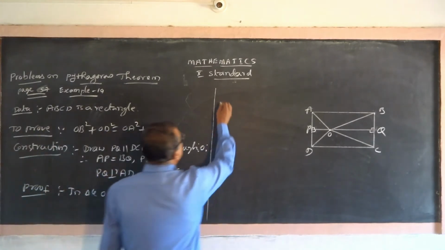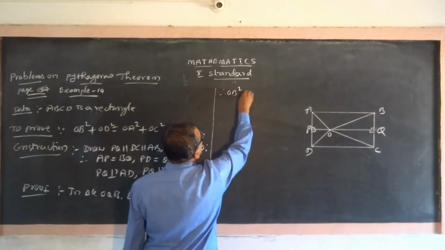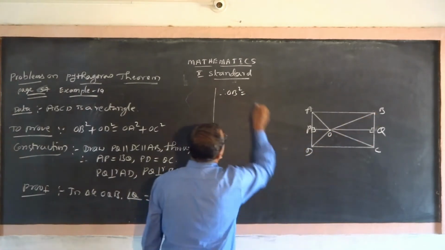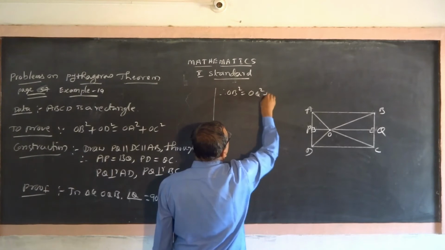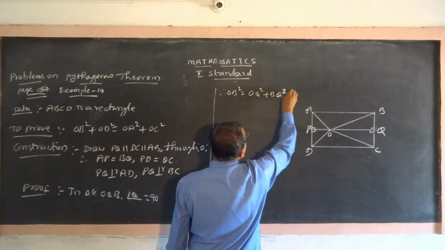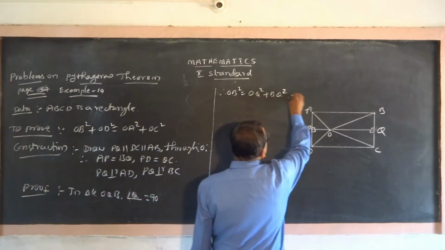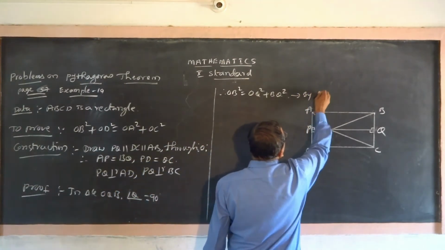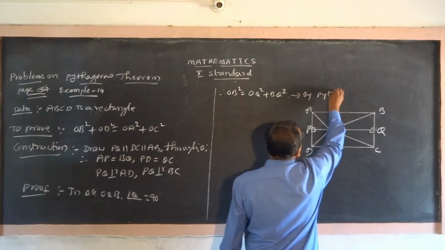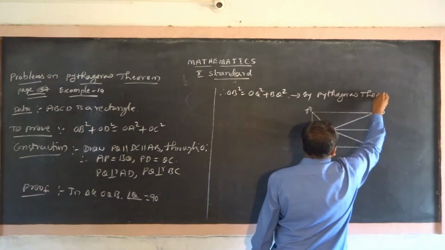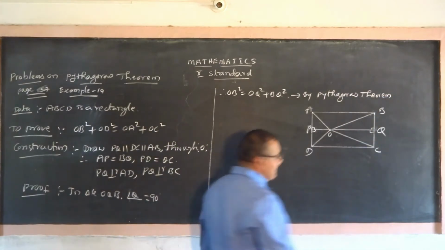Therefore, OB square equals OQ square plus BQ square. This is according to Pythagoras theorem.